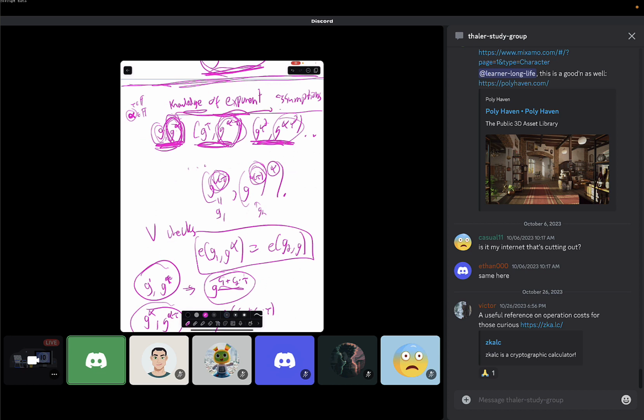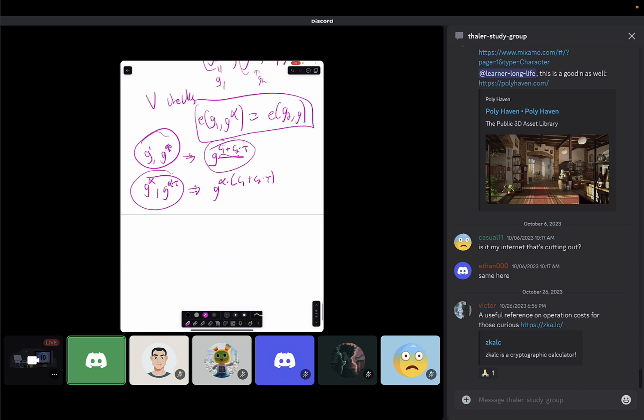A lot of cryptographers don't like non-falsifiable assumptions, which means they're not based on theoretical arguments that cryptographers tend to go into. They're very popular mainly because the verifier costs are so low, really the lowest around. They do require pairings. They do require a trusted setup. Those are some of the trade-offs.